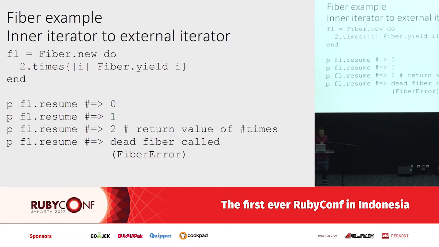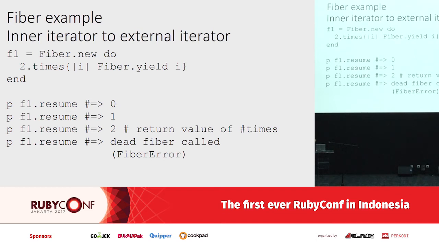So we can convert an internal iterator to an external iterator. For example, Ruby's iterator is only internal, repeating internal blocks, but we can control such an iteration from outside of the block. This one shows that 2 times is 2 times.